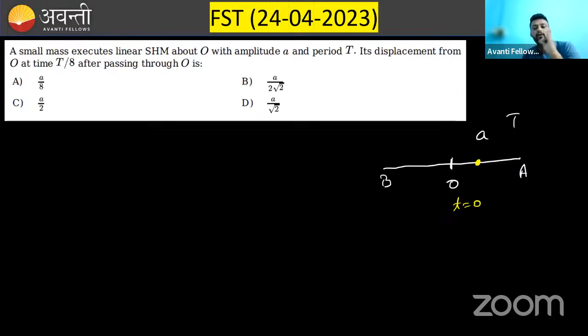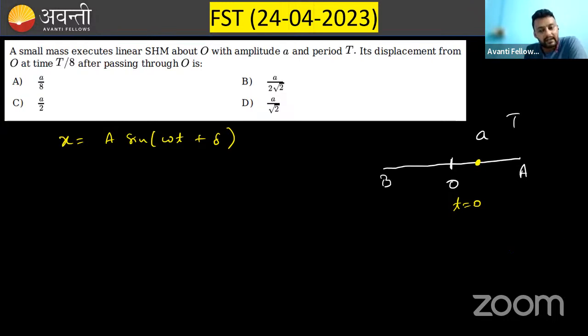So the distance from O is asked. One thing to be sure, the general form of SHM is x equals A sin(omega t plus delta). This delta is the phase constant, omega t plus delta is the complete phase, A is the amplitude. This is the general form of the equation.